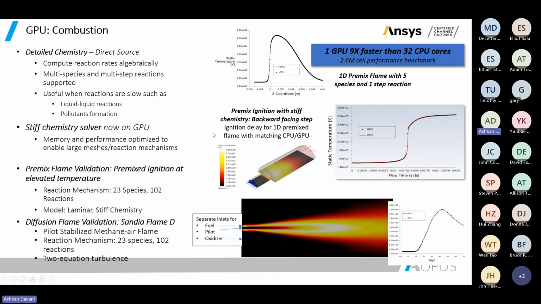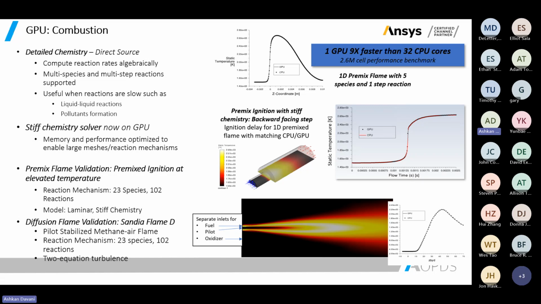We have developments in GPU for combustion, which is really interesting for me personally, because combustion is mainly what I've studied and what I do. Now we can use detailed chemistry directly, which is a large set of chemistry.